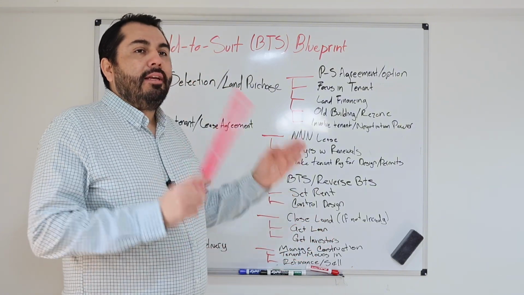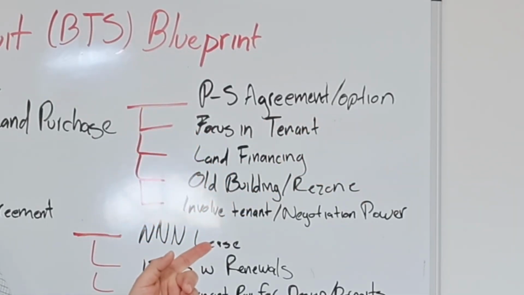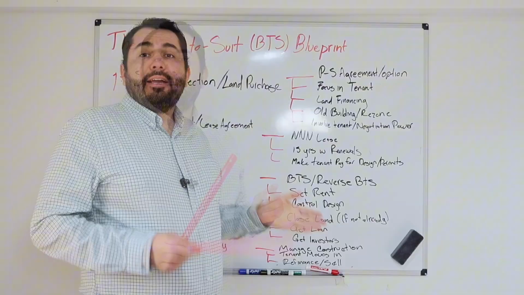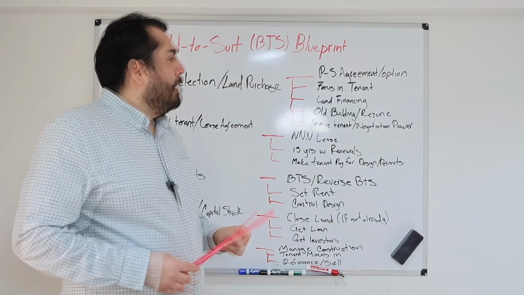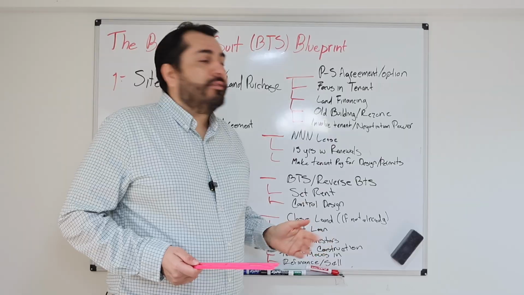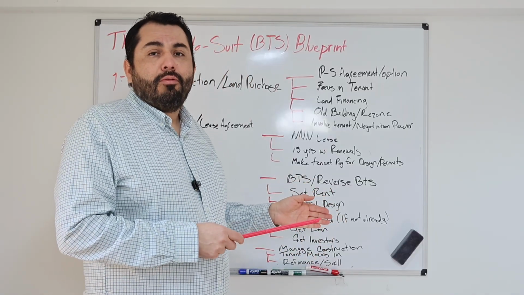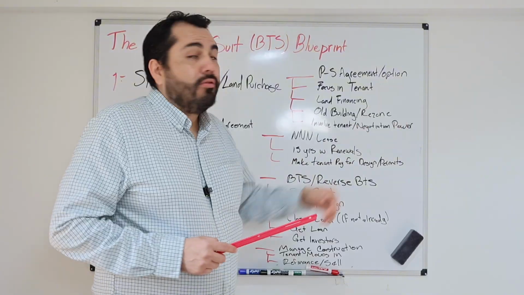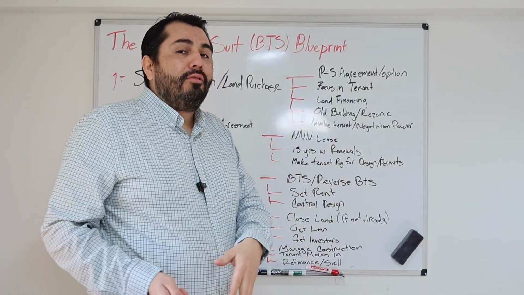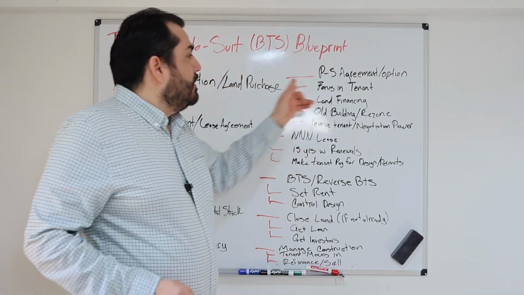But basically we need a good location. And for that, we need to structure purchase agreements with the owners of those properties, or option contracts with those owners. If we don't find a tenant for those properties, we can terminate those agreements. You have to make it easy to terminate if you don't find those tenants. So this is important.